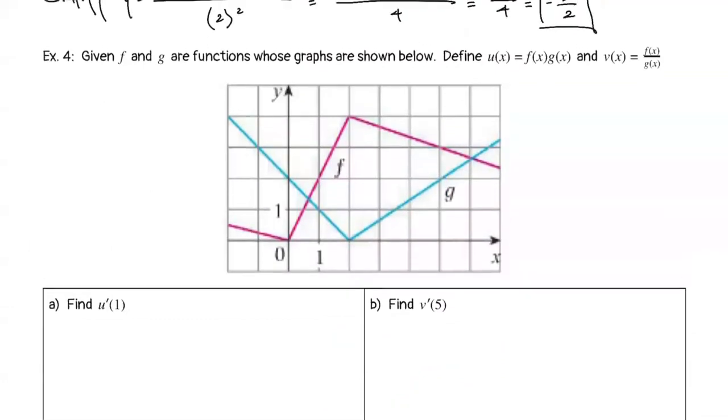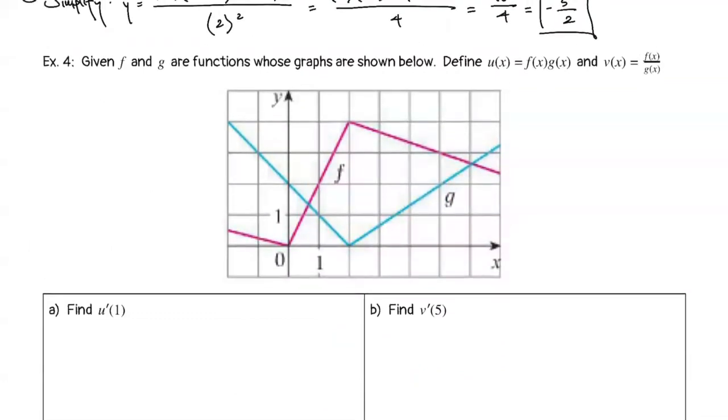So example 4, given f and g are functions whose graphs are shown below. And we're defining two functions here. We're defining u of x as f times g, and we're defining v of x as f divided by g, okay? And we've got this picture.